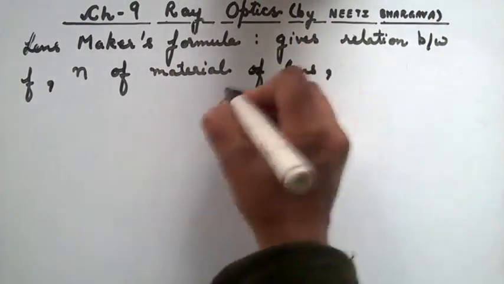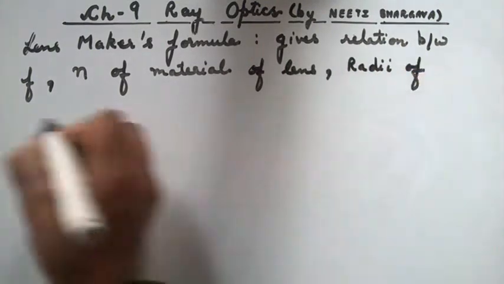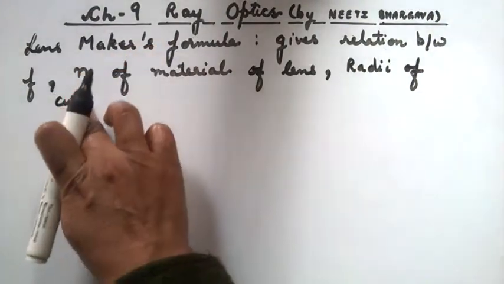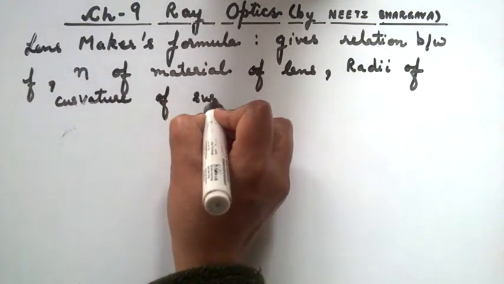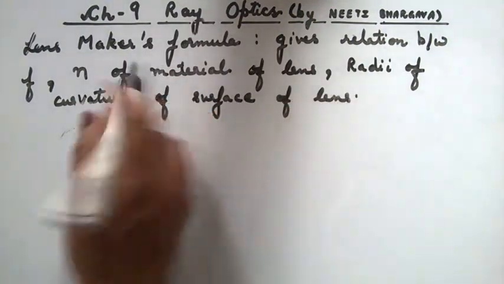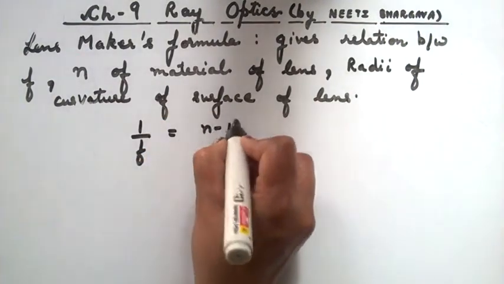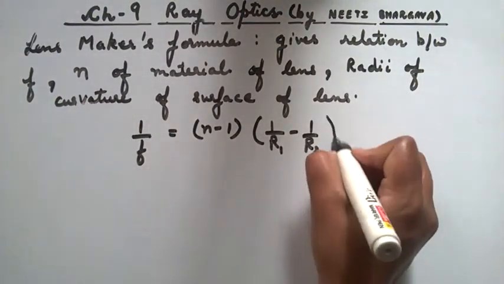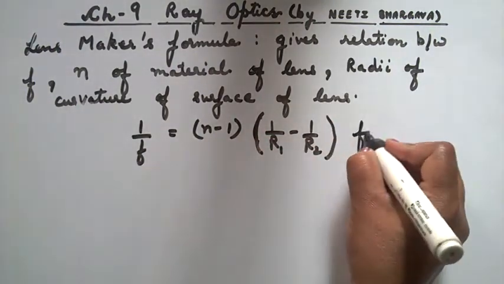So it gives the relation between the radii of curvature of the lens. Lensmaker's formula is 1 by f equal to n minus 1, 1 upon r1 minus 1 upon r2, and in exams it is asked to derive Lensmaker's formula for convex lens or for concave lens.